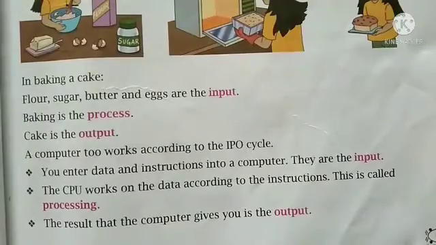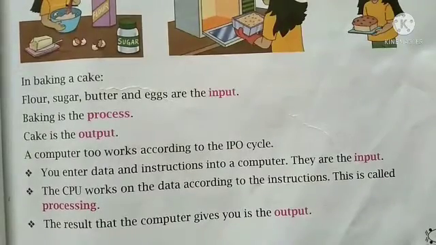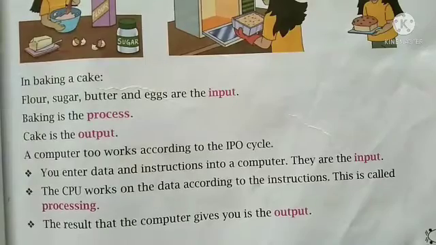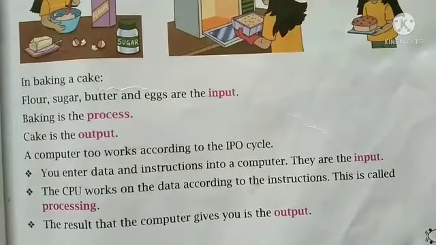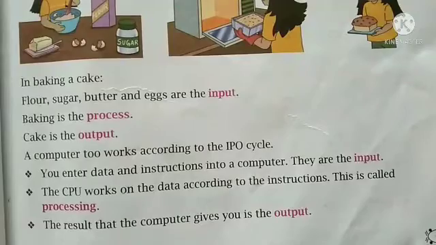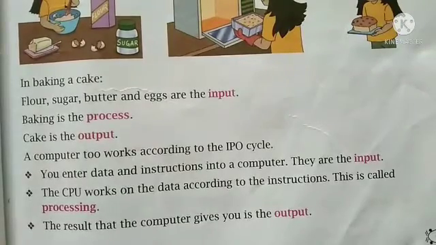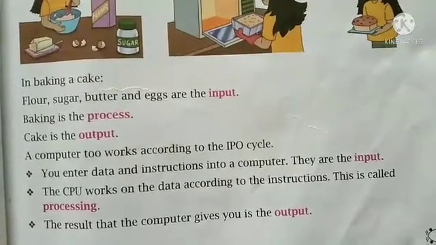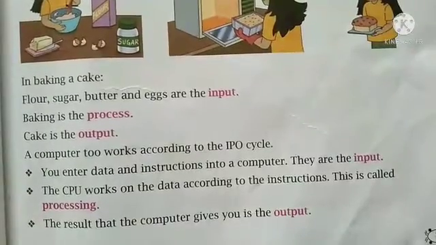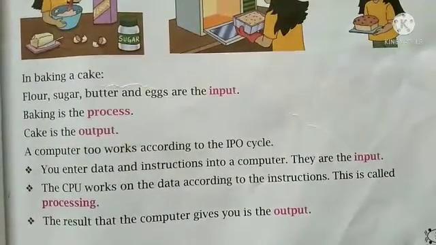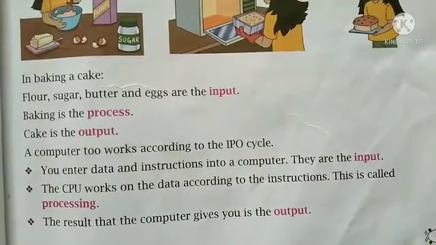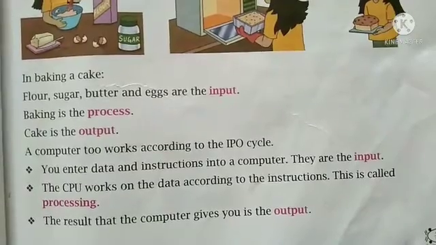So that is input. Now the computer's CPU will, remember, store the data and instruction, that is, it will store 20 and 30, that is data, and instruction, that is addition. Now it will perform the calculation and will give us the result.